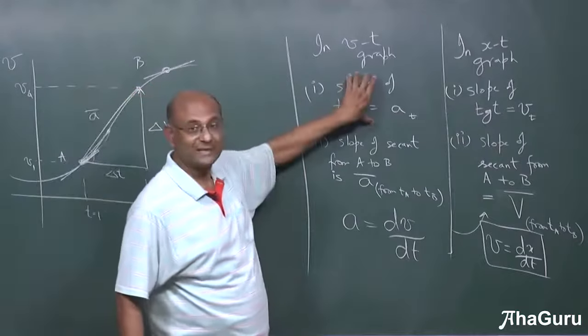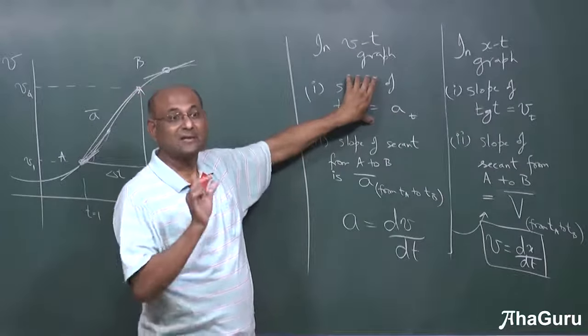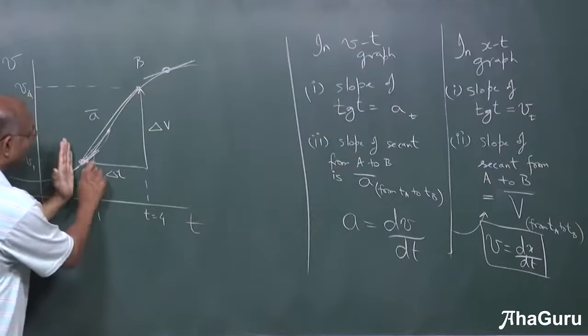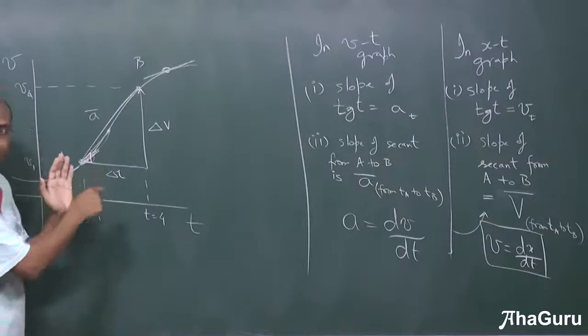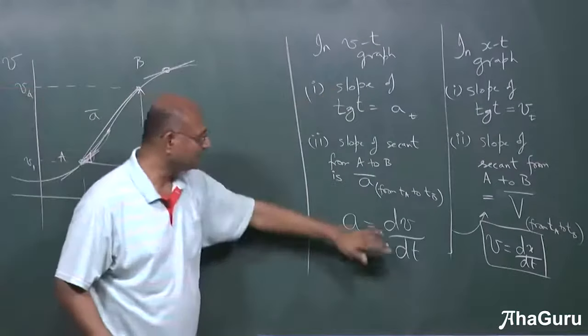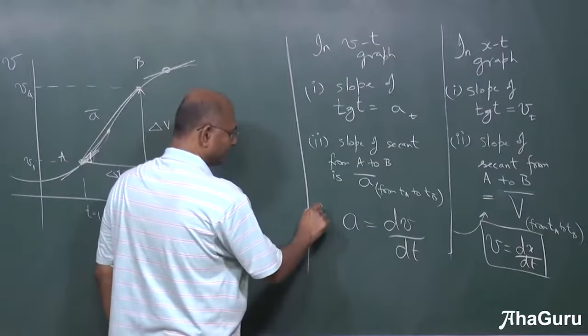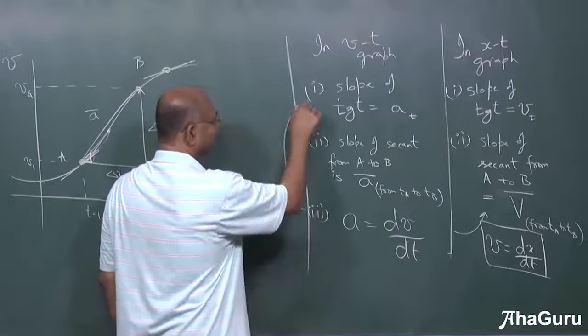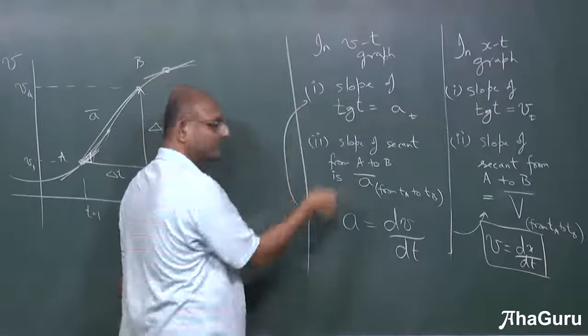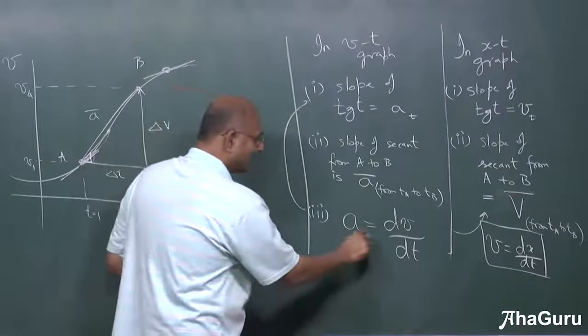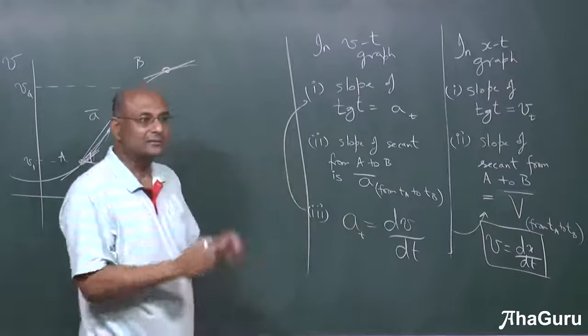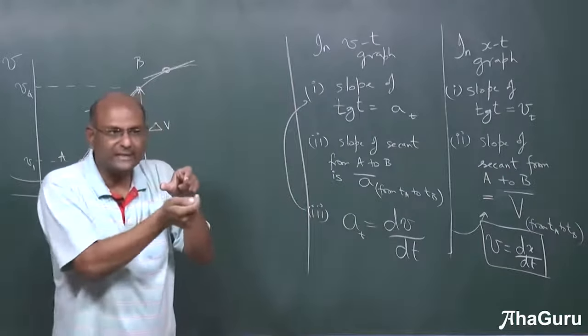The slope of the tangent is for a very small amount of time. Look at what it is. That slope is this. So I will call this third step. It is the same as that. Actually, this should have been 1, that should have been 2, this should have been 3. But acceleration at time t is for a very small change in time.